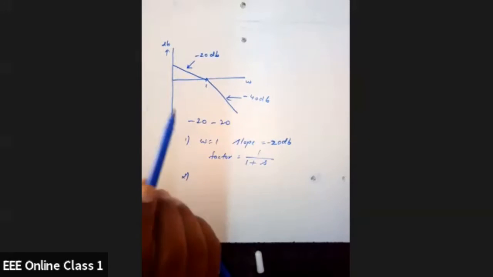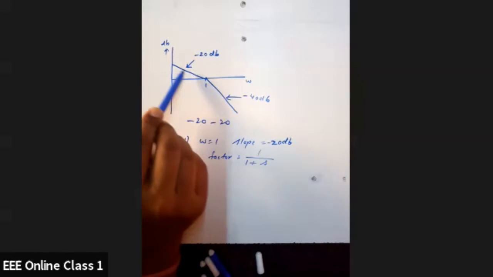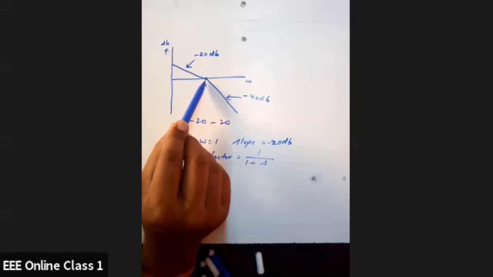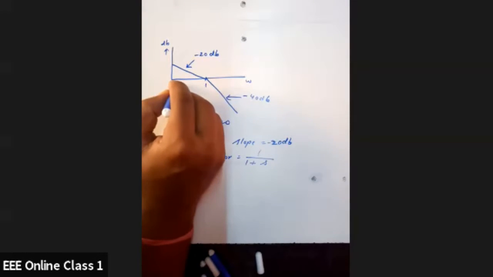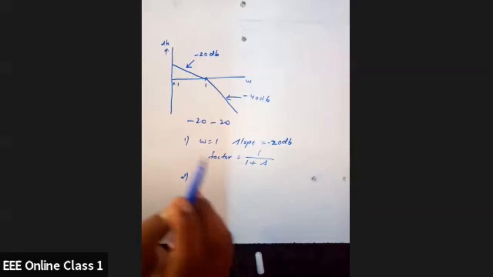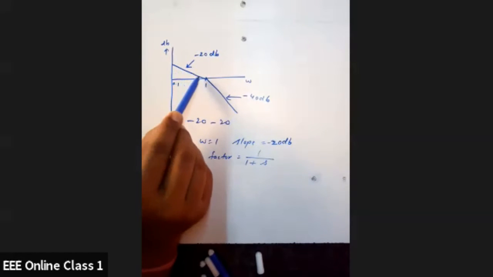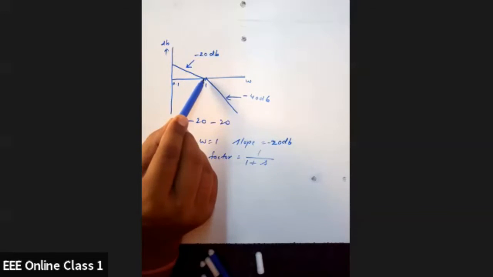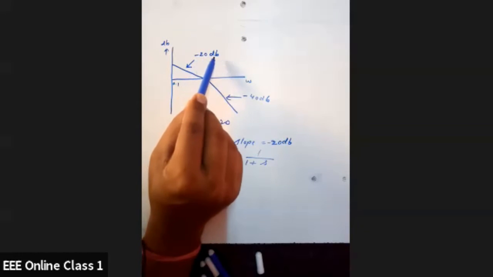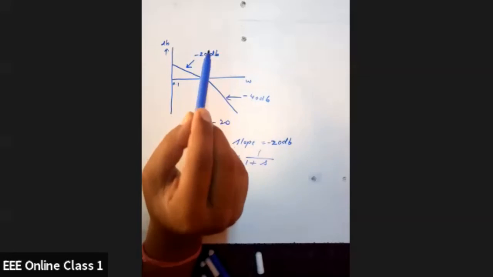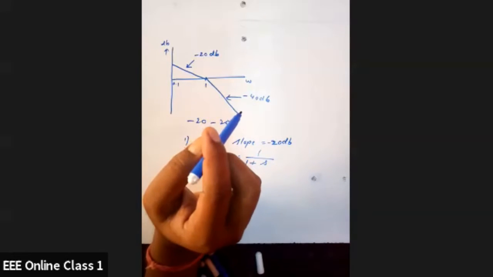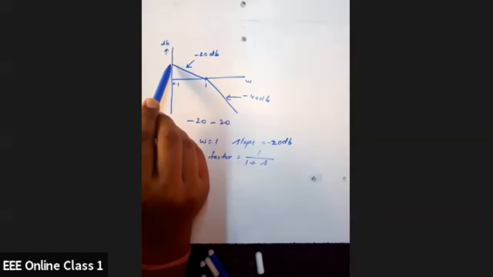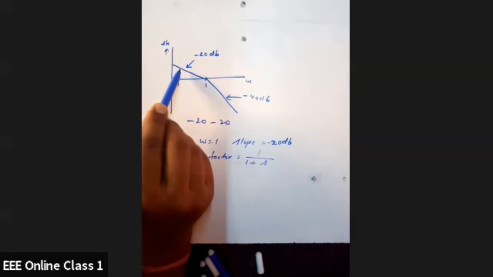Now the first line has a slope of minus 20 dB, and our reference is omega equal to 1. If any line passes through omega 1 and the slope is minus 20 dB, then k is 1.